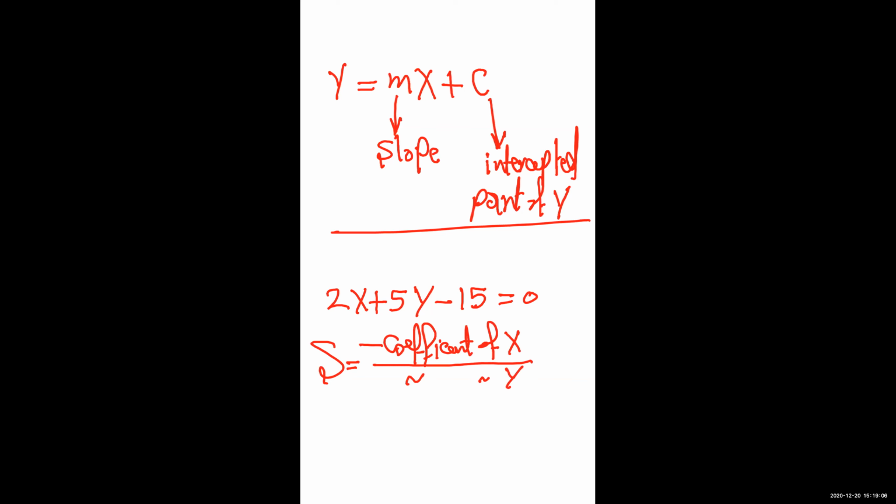And the point of intersection with the y-axis will equal 0 and negative absolute term over coefficient of y. Okay, guys, are we clear till now?